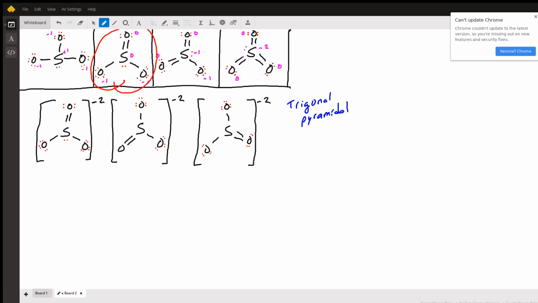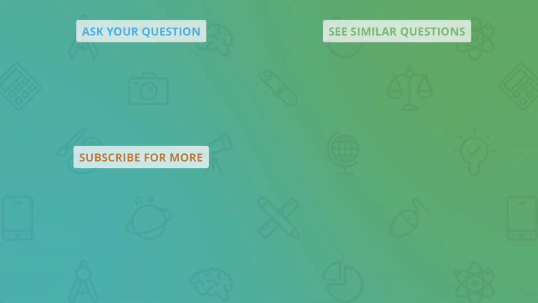And so this becomes our correct Lewis structure, and we have our individual resonance structures. And this is going to be trigonal pyramidal because of the 3 different sites attached to it, along with the lone pair. We'll see that in every single example.